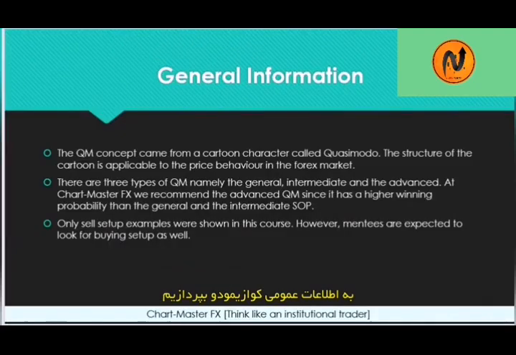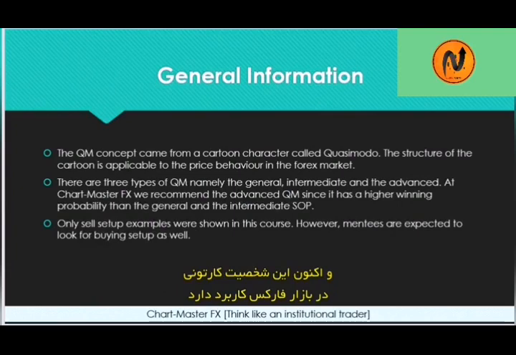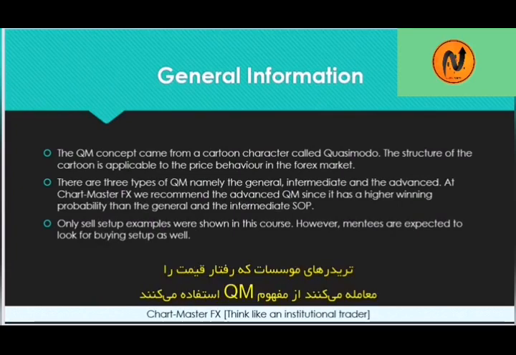So we are going to look at some general information concerning the Quasimodo. The QM concept comes from a cartoon character called the Quasimodo. This character of this cartoon has got an application in the forex market, and the Quasimodo concept is applied by many institutional traders as they trade the behavior of the price.